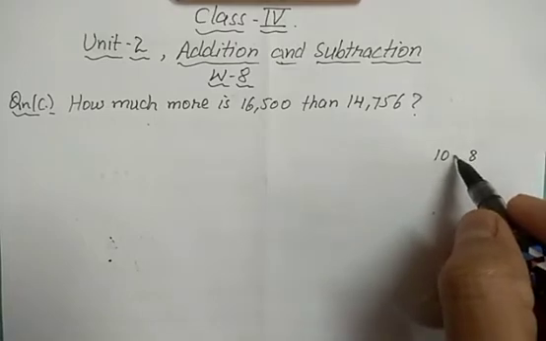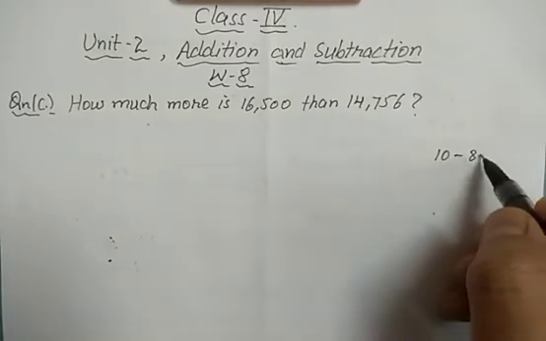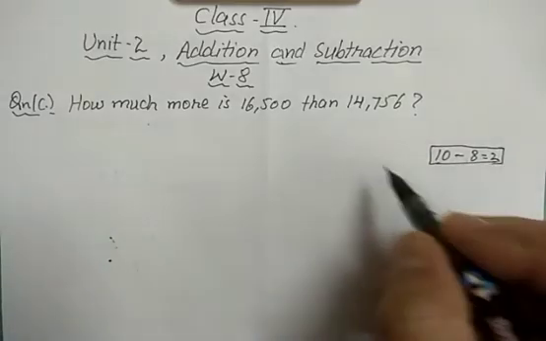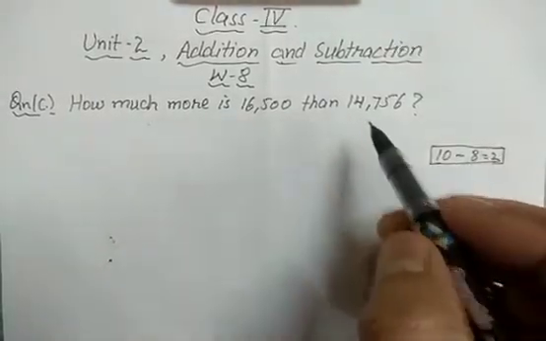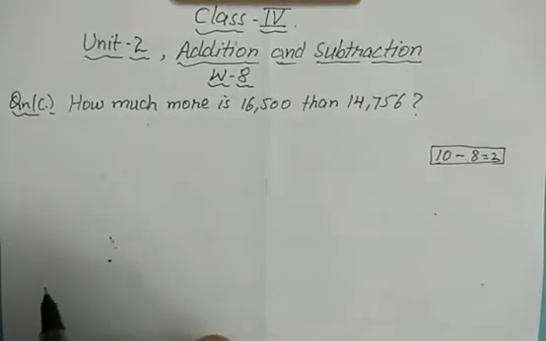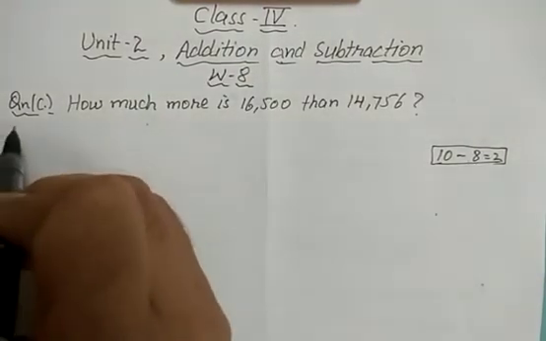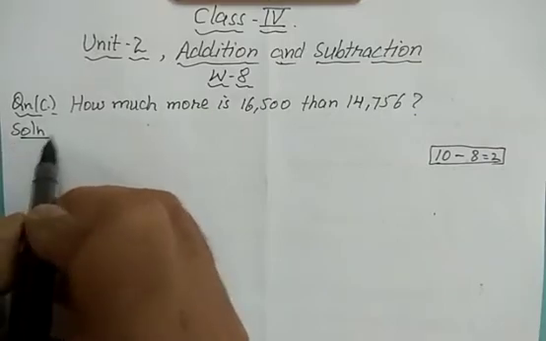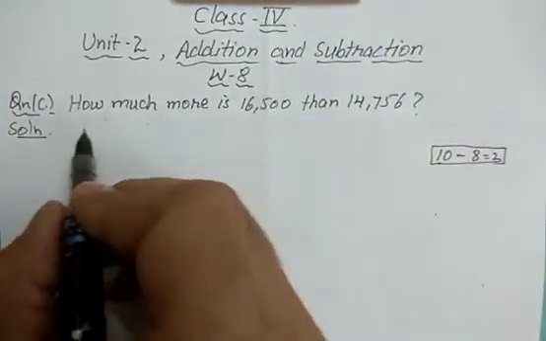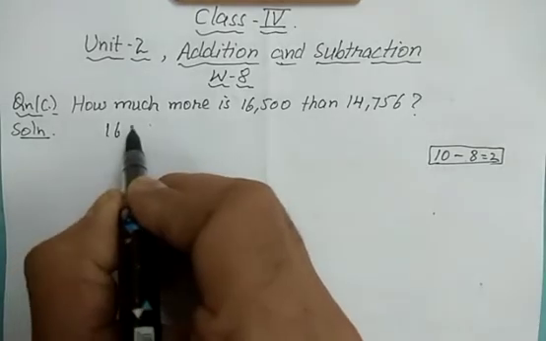By subtracting, we get their difference. So how much more means we have to find the difference between these two numbers. This is a very easy question. So the question is, how much more is 16,500 than this? Just subtract it.